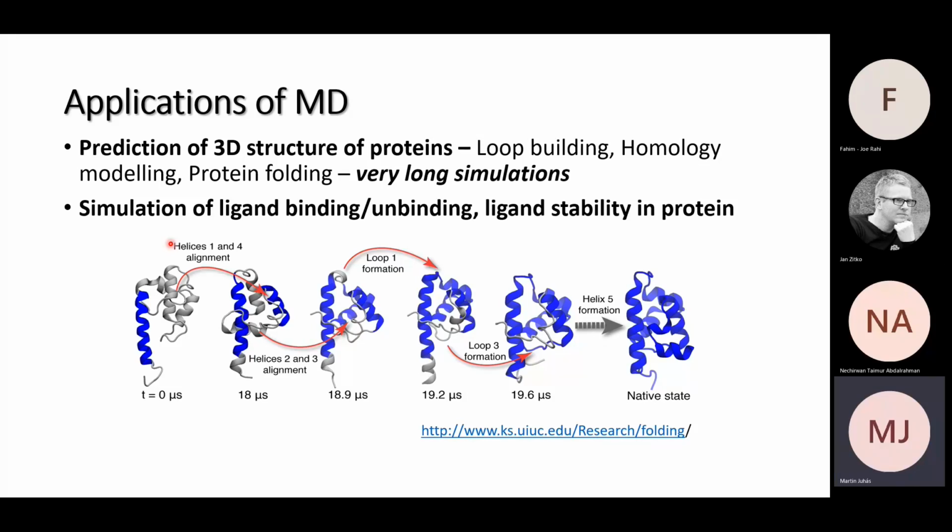But before we had this kind of innovation, there were other methods, like for example taking the linear sequence and running a very long molecular dynamics simulation and hoping that it will achieve the right conformation.